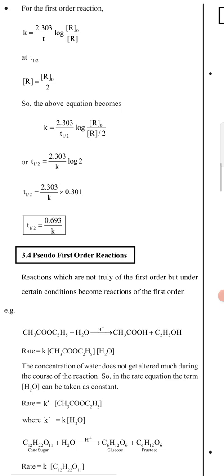So 1 to the power 1 will come, and the reactant concentration to the power 1, that means the order should come more than 1, but due to the large presence of water in those reactions, its concentration is considered as unit concentration.